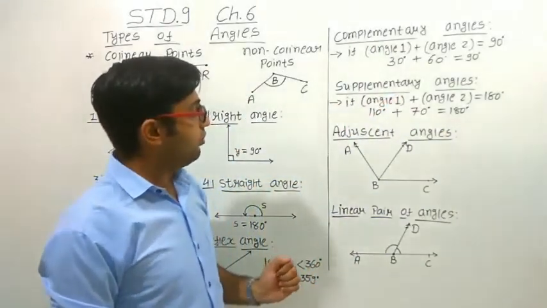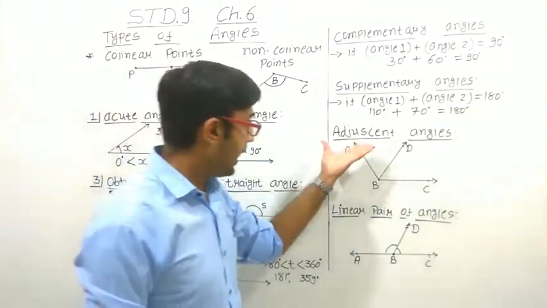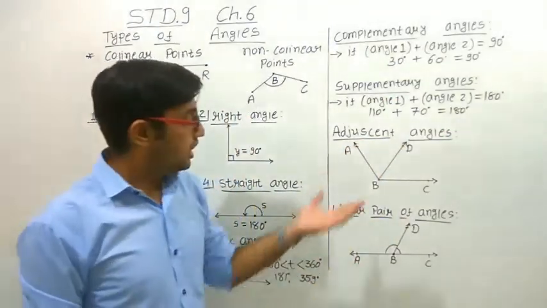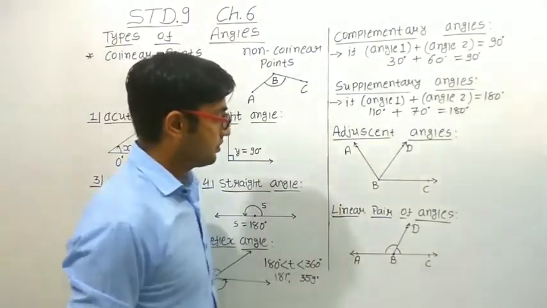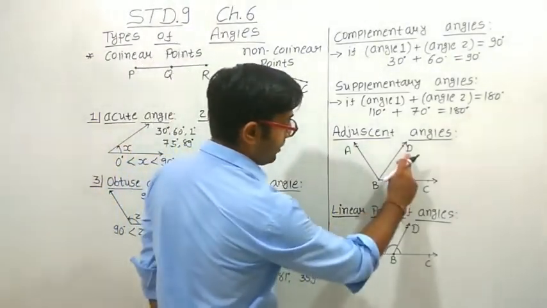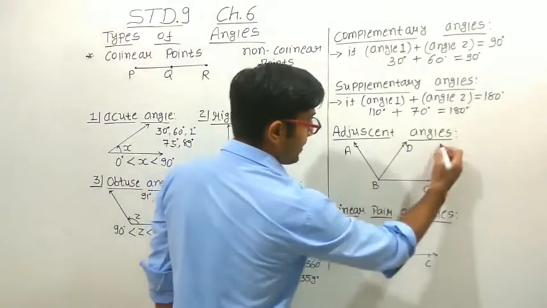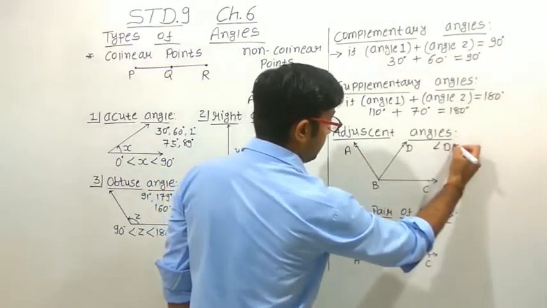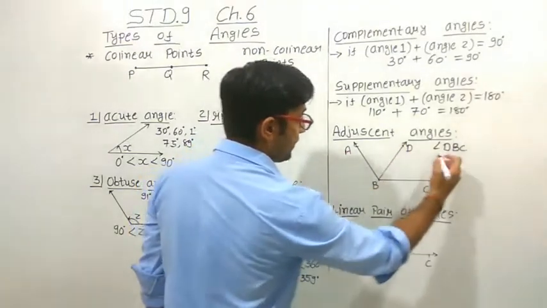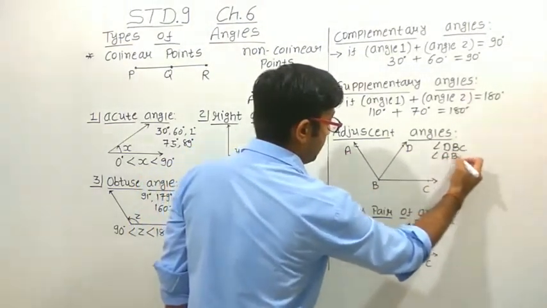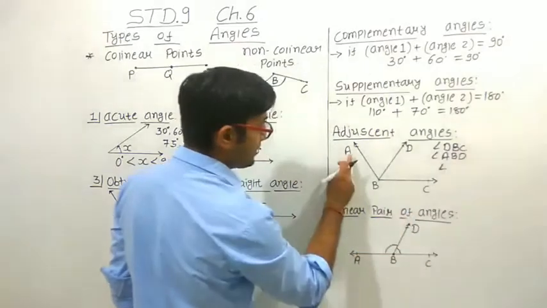Now the next terminology is adjacent angles. If we consider this diagram, how many angles are there? See, there is one angle DBC. Second angle is ABD, and third angle is ABC.